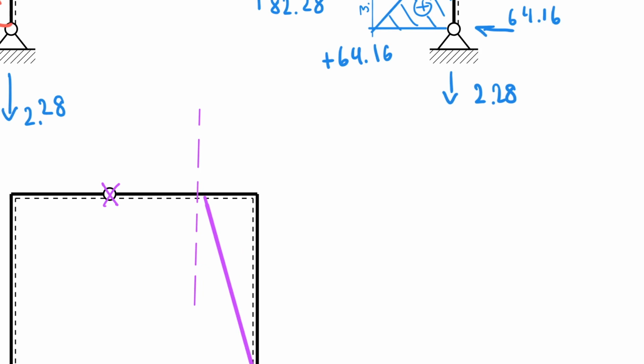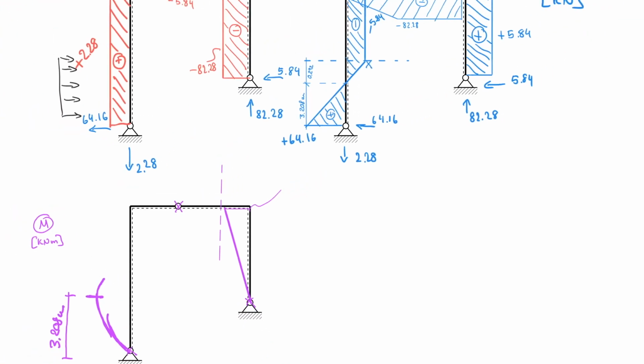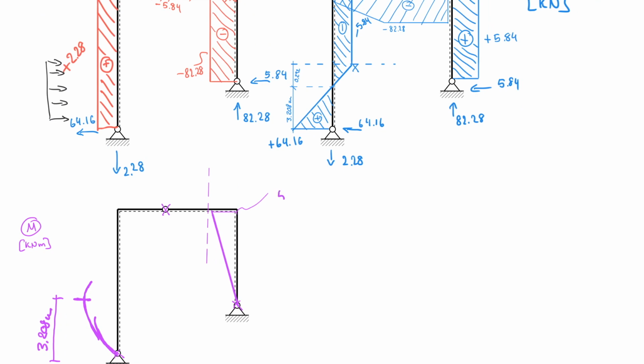And what is the ultimate value at the corner? The value at the corner is effectively the support reaction, which is 5.84 multiplied by the length, which that length is 3.5, if I'm not mistaken. Or is it 4.5?